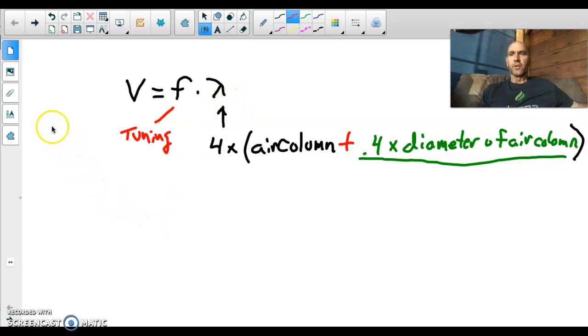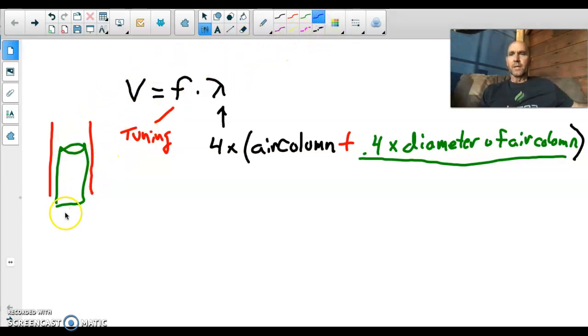The picture that you're going to draw in your pre-lab is this. It's an exterior column. That's the clear column that I'm using in the video. And this is the white plastic column that I'm using in the video. Okay?